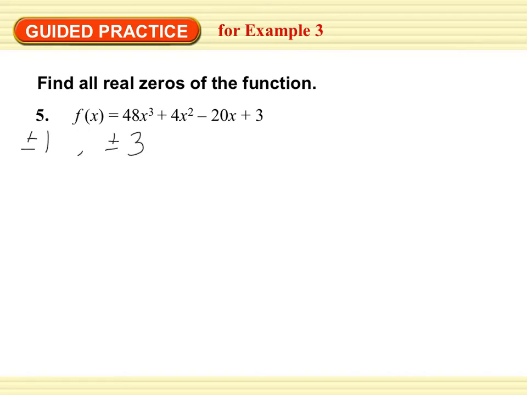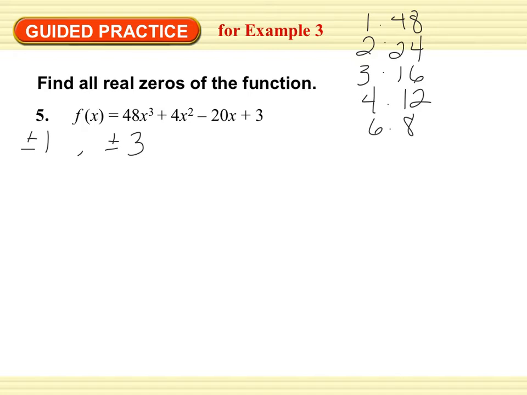48 though, goodness. 1 times 48, 2 times 24, 3 times 16, 4 times 12, 5 doesn't work, 6 times 8. Ugh. All right. We can do this.